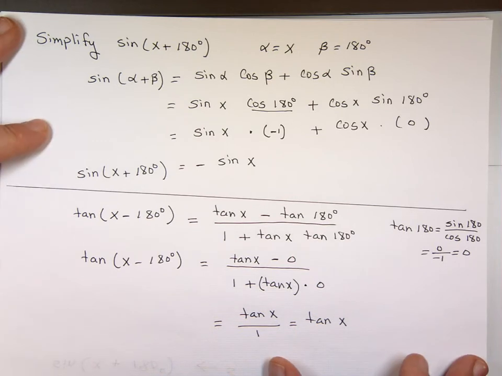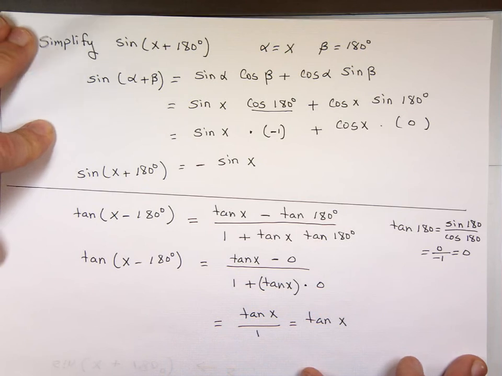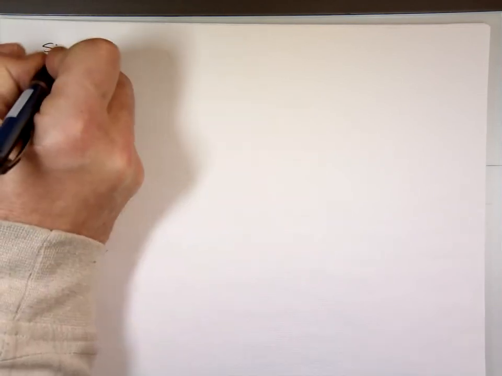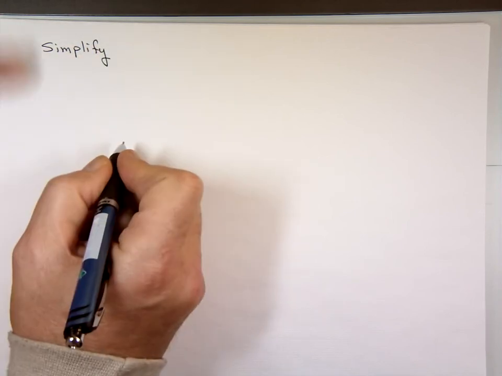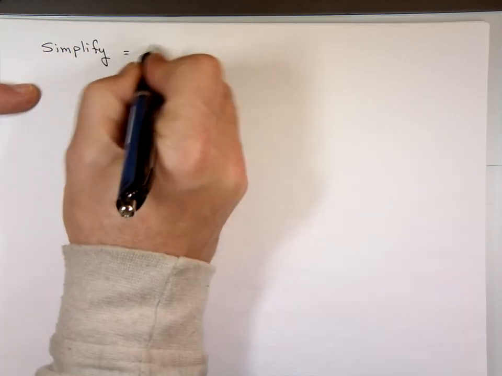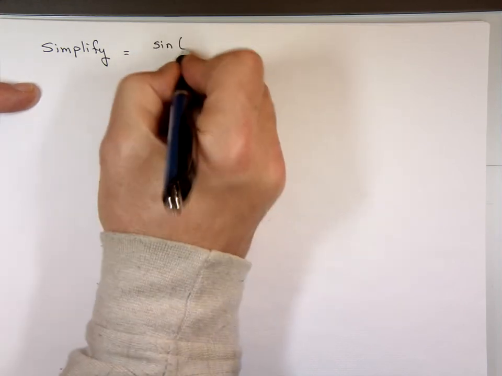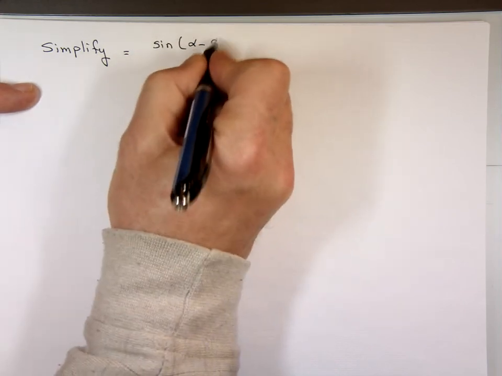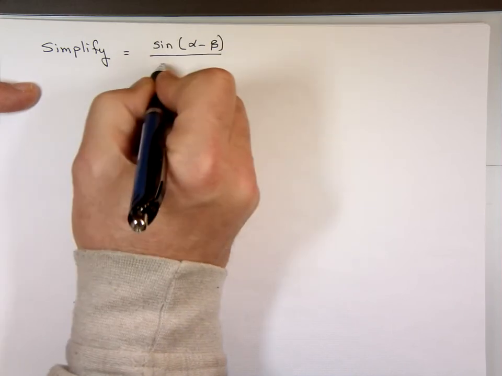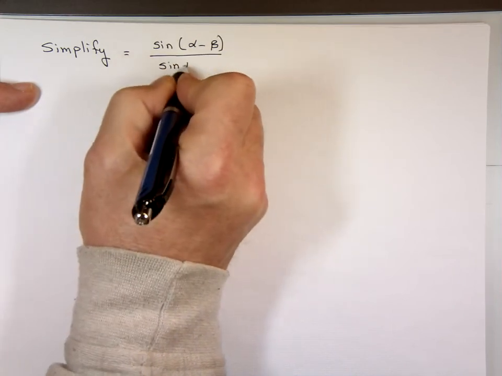I'll give you another example. Let's say we have one that says simplify. Sine, this is a fraction here, so make sure you have room. Sine alpha minus beta over sine alpha sine beta.